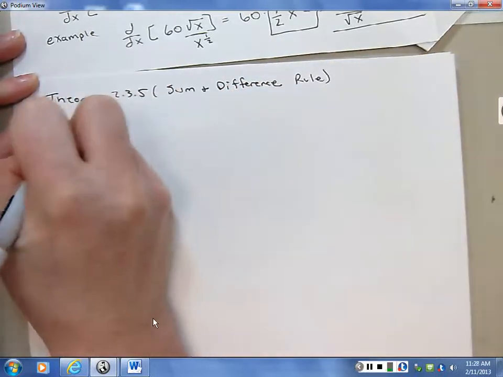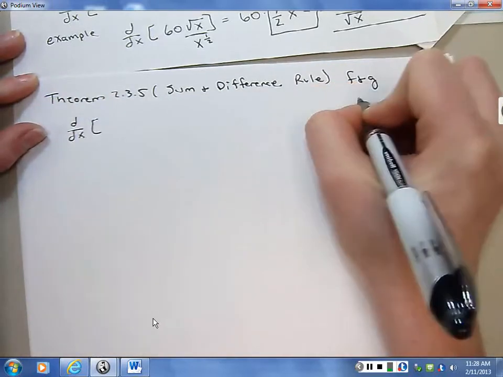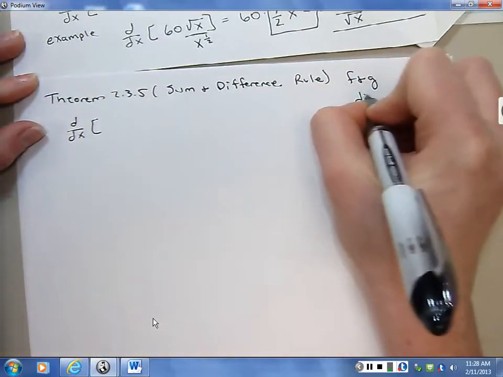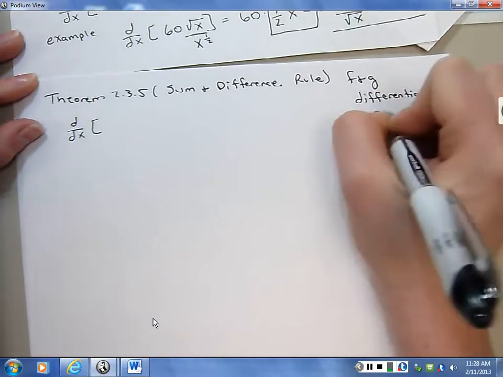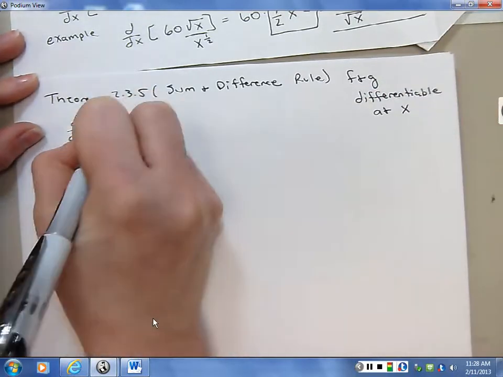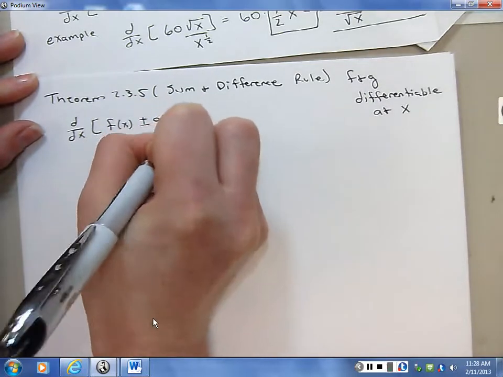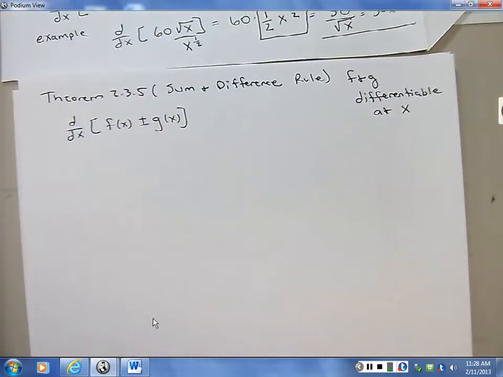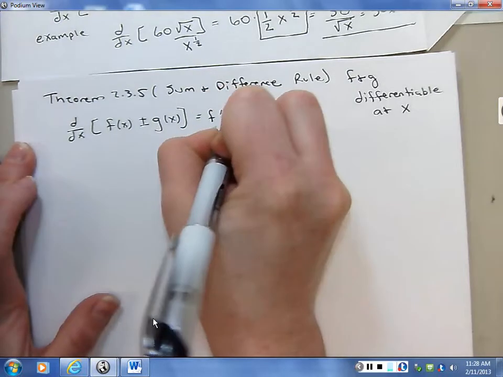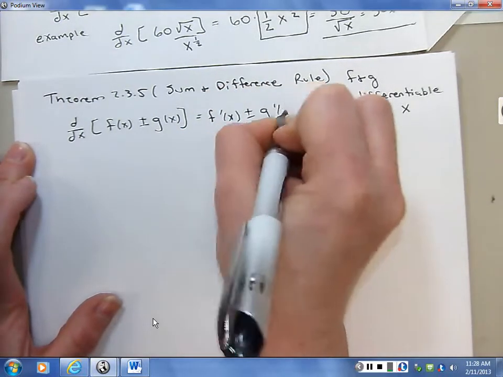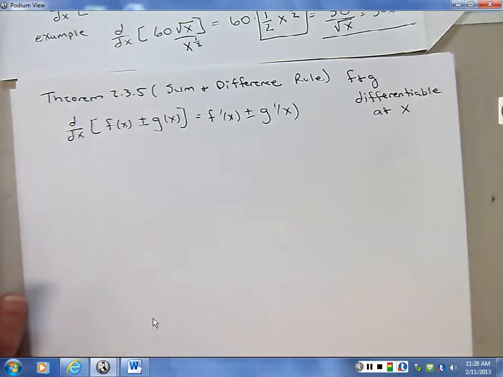Let's say f and g are differentiable at x, and I have the sum or difference. If I'm differentiating the sum or difference of two functions, that's just going to be the sum or difference of their derivatives. So what this tells me is I can do it term by term.